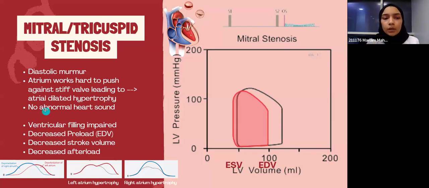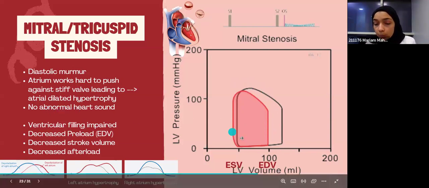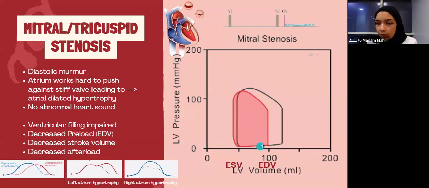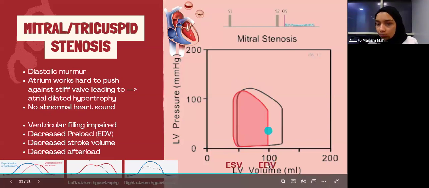Okay. So here on the PV loop, you will see that there is ventricular filling, but since the atrium is not able to push that much blood into the ventricle, you will see that the end diastolic volume is decreased. Okay, it's not able to fill to the normal.